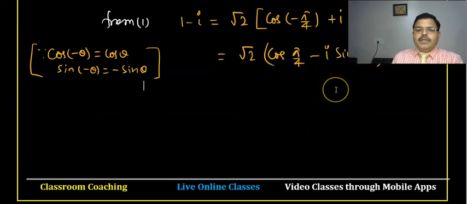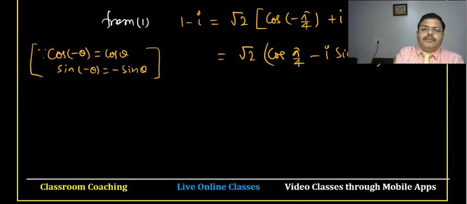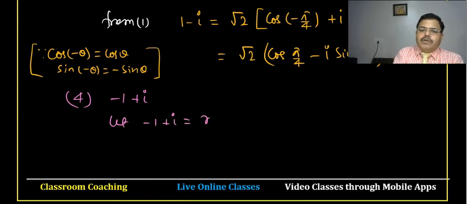The next question here is minus 1 plus iota. The fourth question is given here, minus 1 plus iota. So again here you can write, let minus 1 plus iota be equal to r cos theta plus iota sin theta, isn't it?